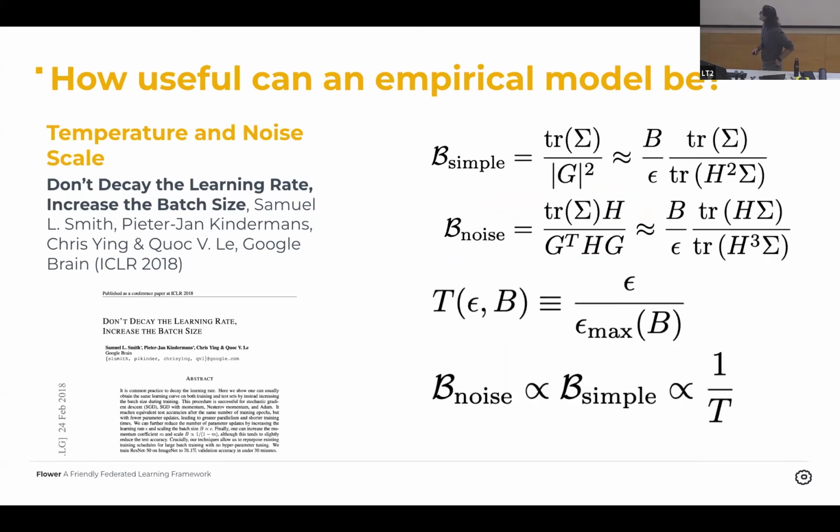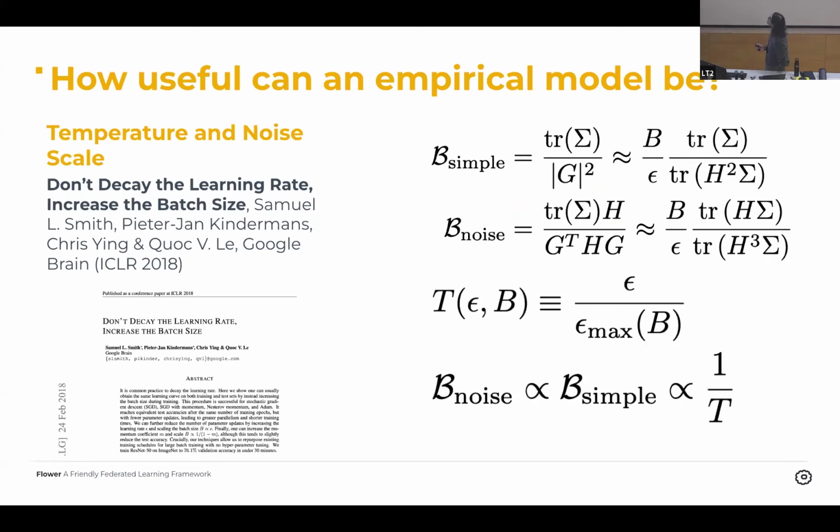Now, another interesting insight regards the relationship between this B noise and the temperature of the training. The discussion here is longer because they propose a model for the temperature as well, which I'm not going to go into. The important bit is described by the equation on the top right.